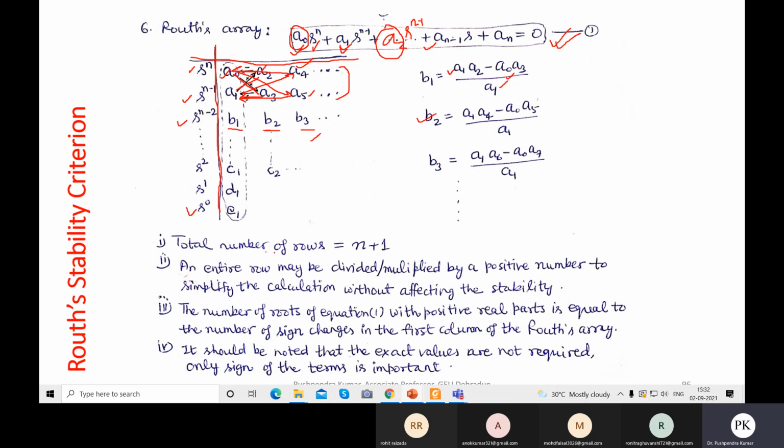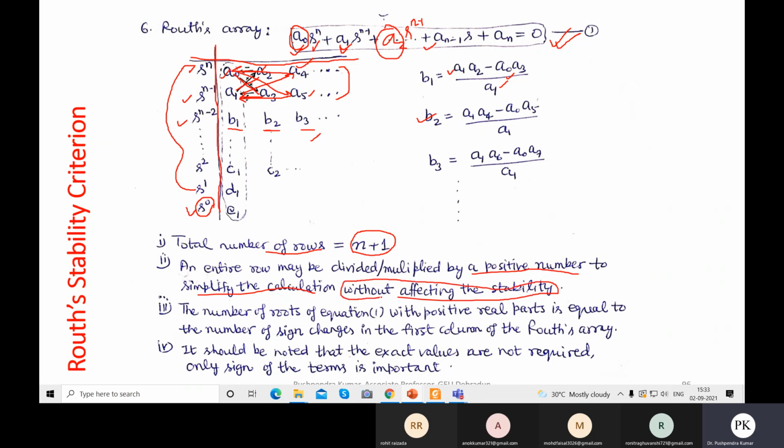And the total number of rows will be equal to n plus 1, because from here to here there are n elements, plus this element corresponding to s to the power 0, which is nothing but 1. There is also a rule that an entire row may be multiplied or divided by a positive number to simplify the calculation without affecting the stability.